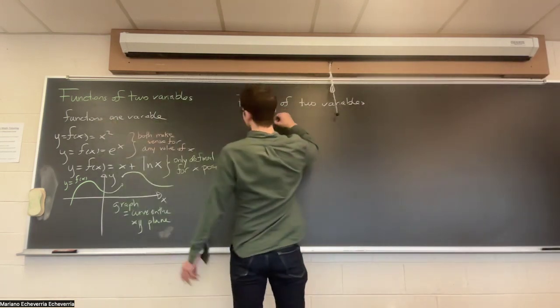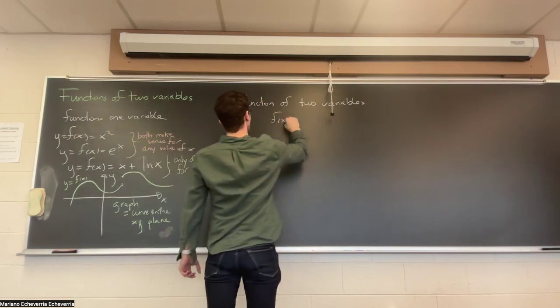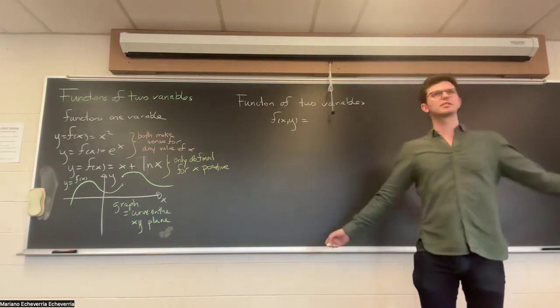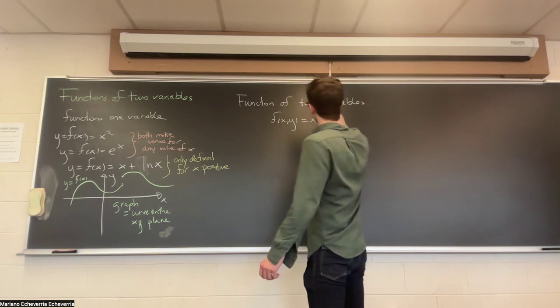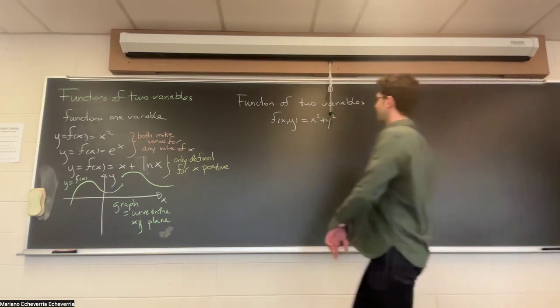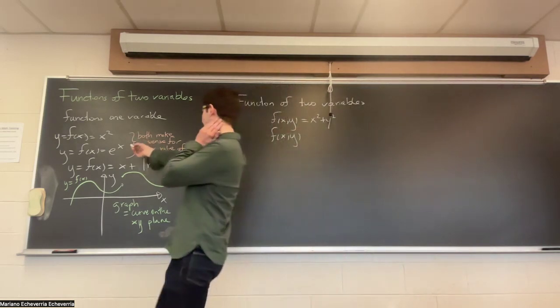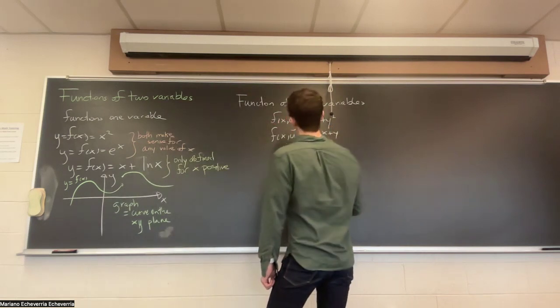Instead of the function depending just on x, you would write something like f of x comma y. So one could be, I think the one that I wrote the first day of class, just x squared plus y squared. That would be a possibility. Another option would be a version of the exponential. You could have something like e to the x plus y.